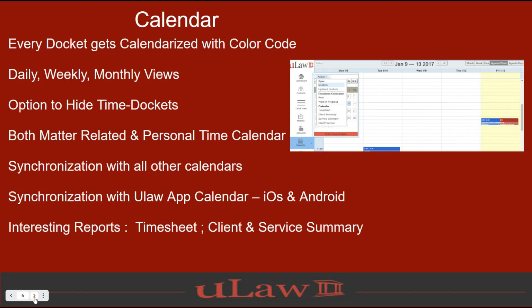And uLaw allows you to synchronize any information that you store within the uLaw platform with all of these several external calendars. All you have to do is download an iCal, which is the international standard for calendar systems, and it allows you to take information out of uLaw and synchronize it with, for example, your Google Calendar.